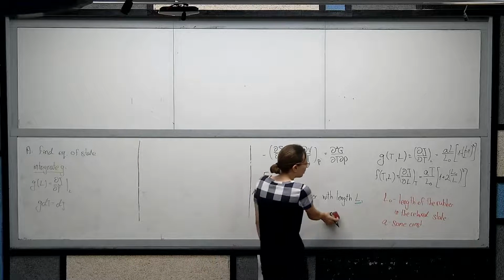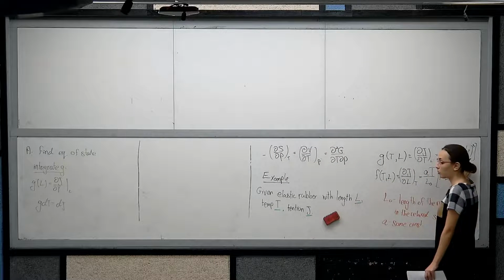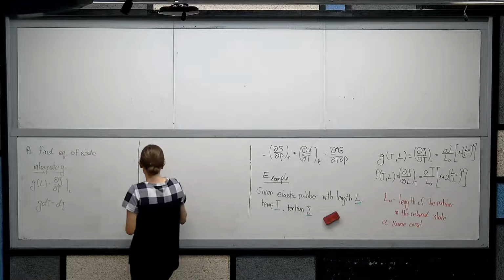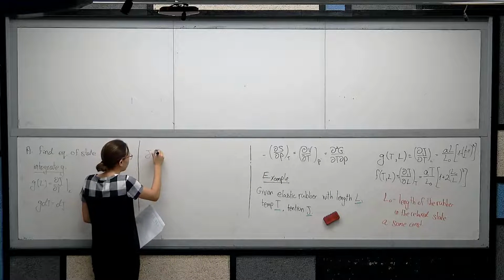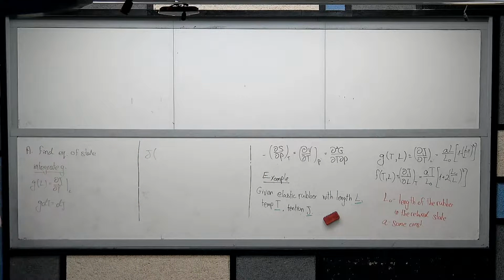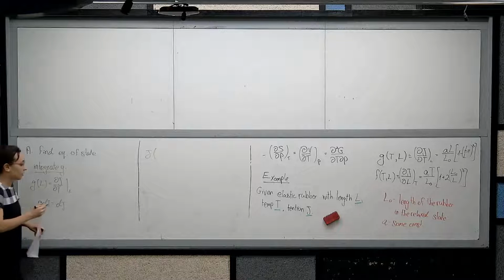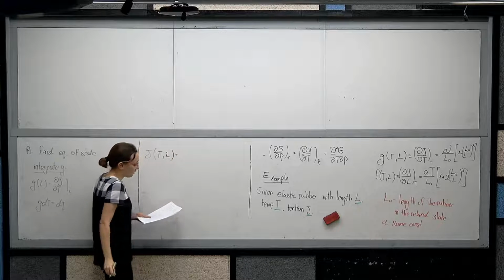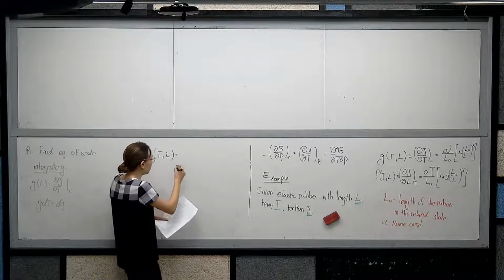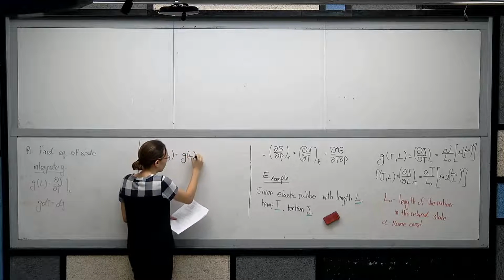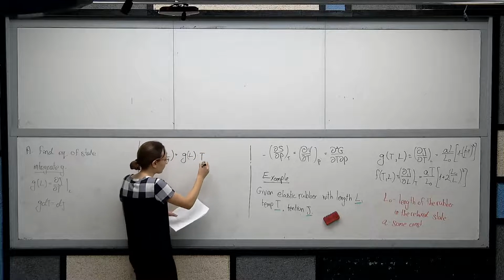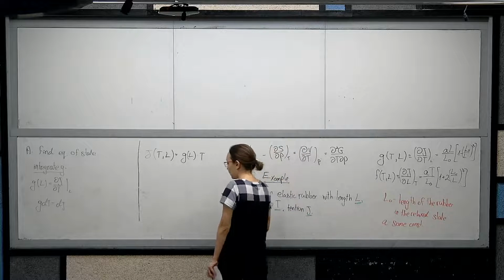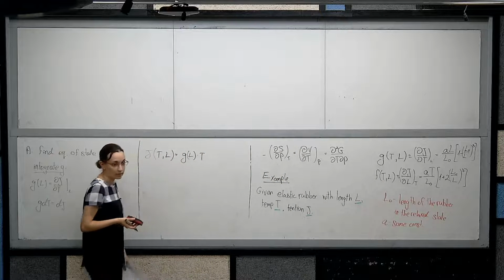All we need to do is take this function and multiply it by T. So we're getting that J, which depends on T and L, equals the function G times T, and we need to add a constant.